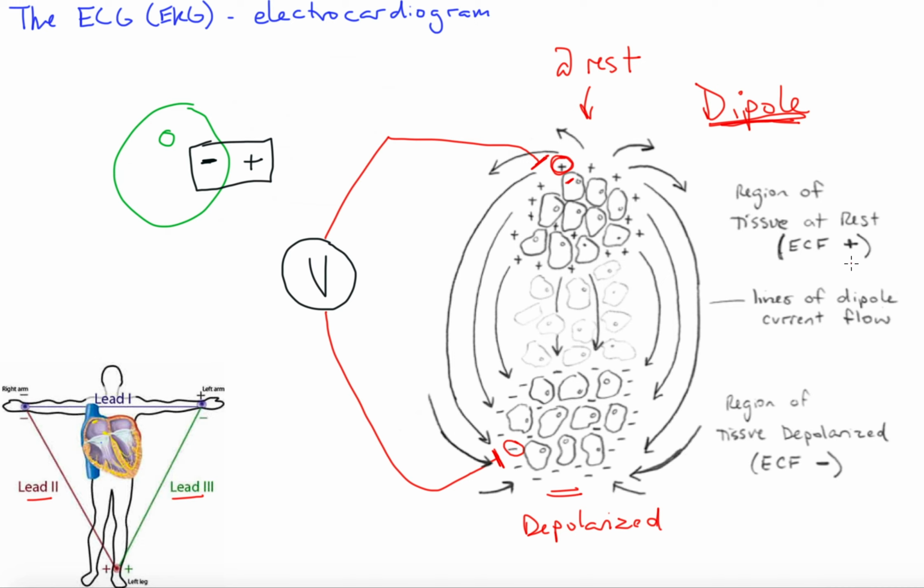Okay, so let's take this voltmeter, and we're going to put these electrodes on the heart, and now we're going to measure it over time, not just at a particular instant like this image I have here. All right, so let's get rid of this for a second.